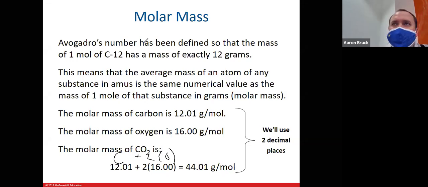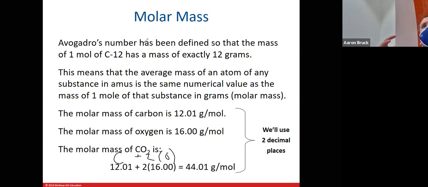That tells me that if I have a mole of carbon dioxide molecules, so 6.022 times 10 to the 23rd molecules, I should expect that group to weigh 44.01 grams.